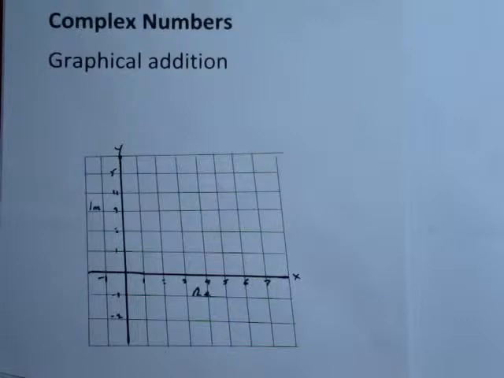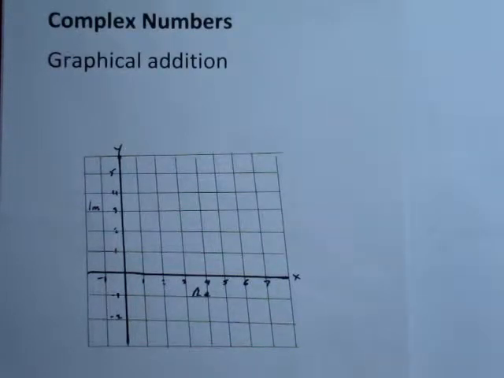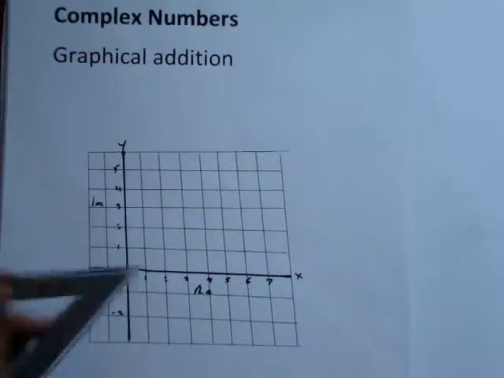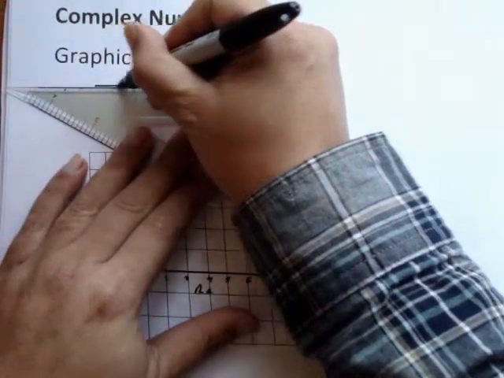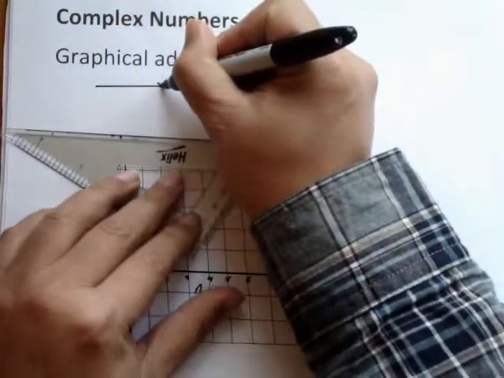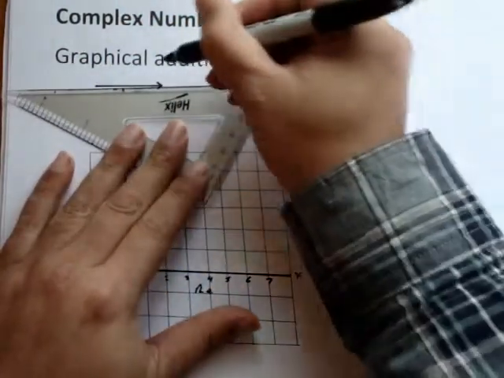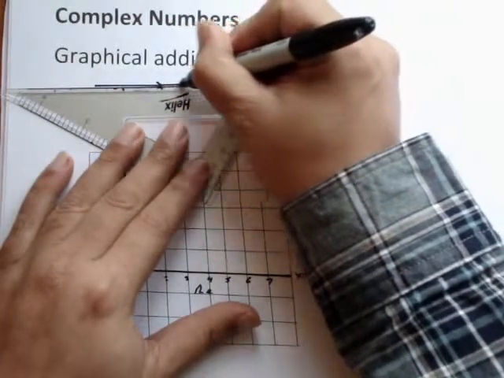If we wish to represent 3 plus 2 as the sum of two vectors, we must draw them as a chain. So we'd have the vector representing 3 and then the vector representing 2.